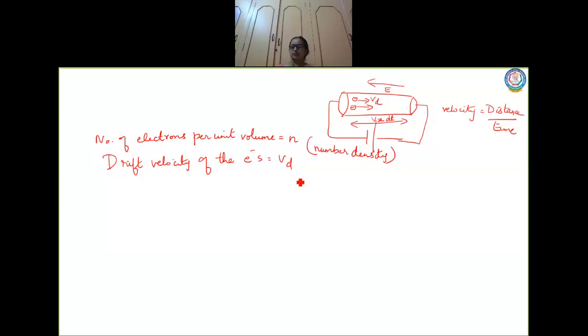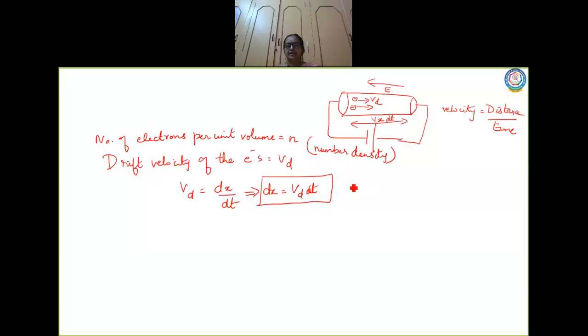Now what is the distance here? Vd is equal to dx by dt. You know the formula for velocity as distance by time. So with this I will take the value of dx to be Vd into dt, which is the length of the conductor. I have already written this. dx is equal to Vd into dt.